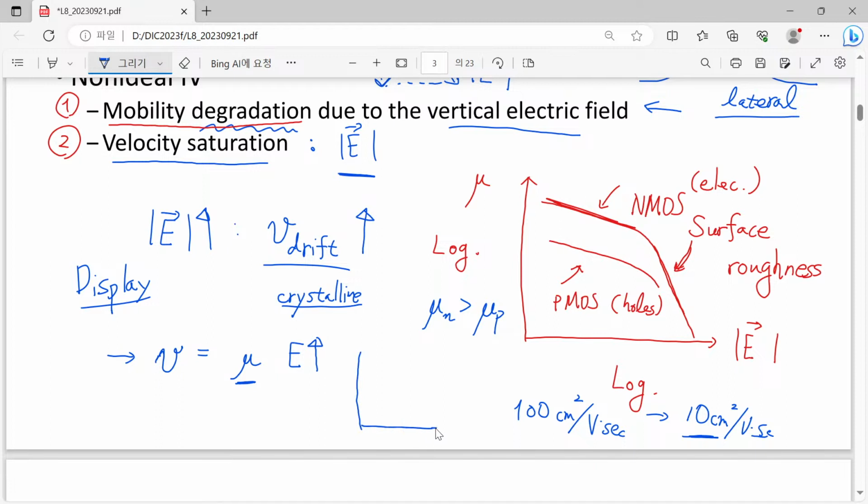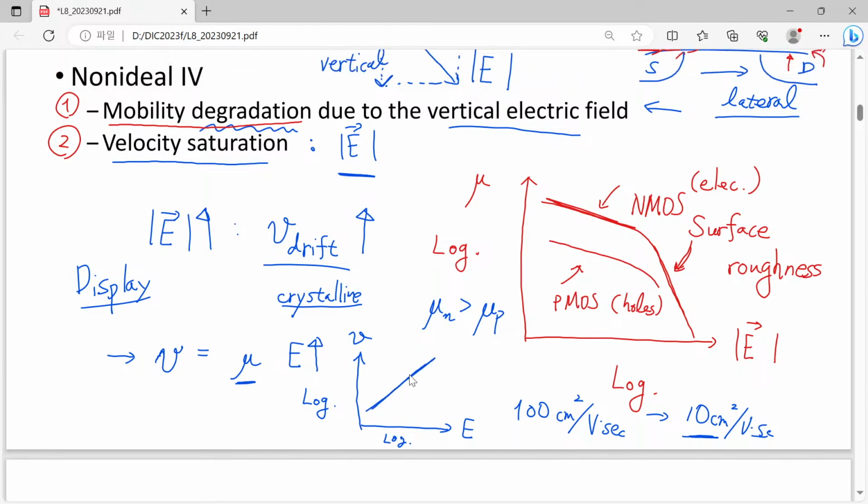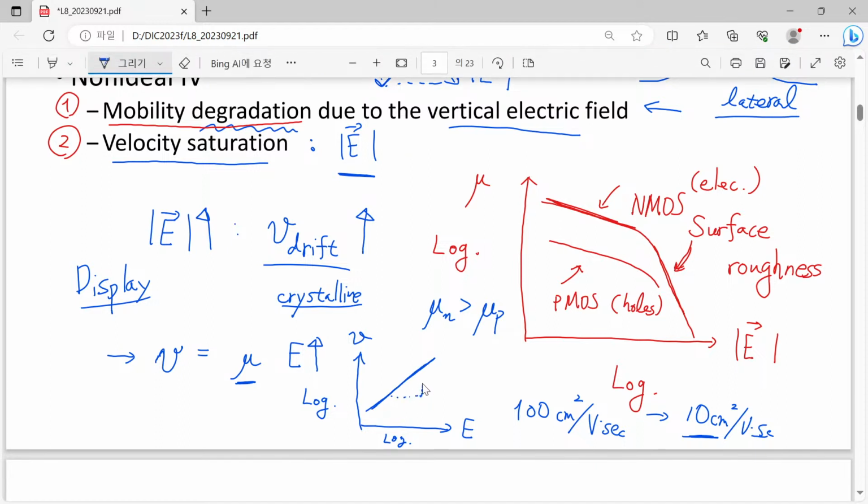If we draw velocity as a function of electric field and believe this linear relation, on a log scale once again, then what will happen? We will have a straight line in this log scale, and its slope will be just 1.